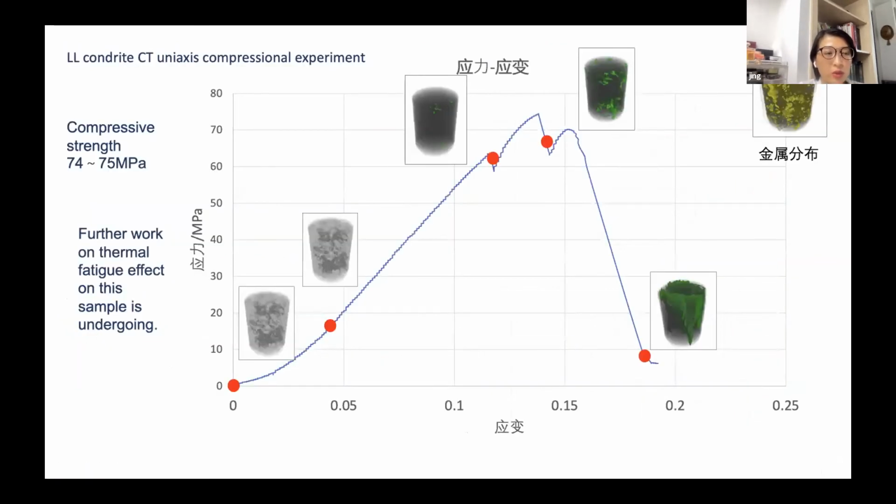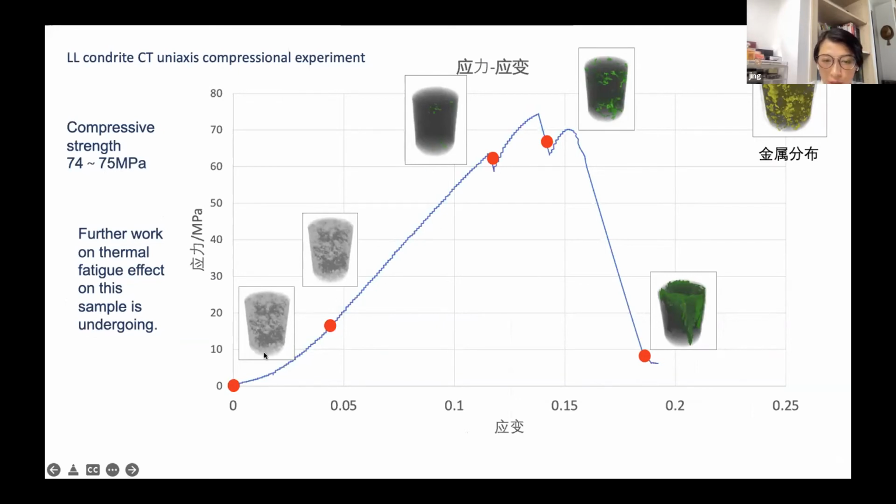Also, we have conducted some uniaxial compression experiments on chondrite. It's an LL chondrite, linked to S-type asteroids, probably the HO3 type. The compressive strength is 75 megapascal. It's not very high.